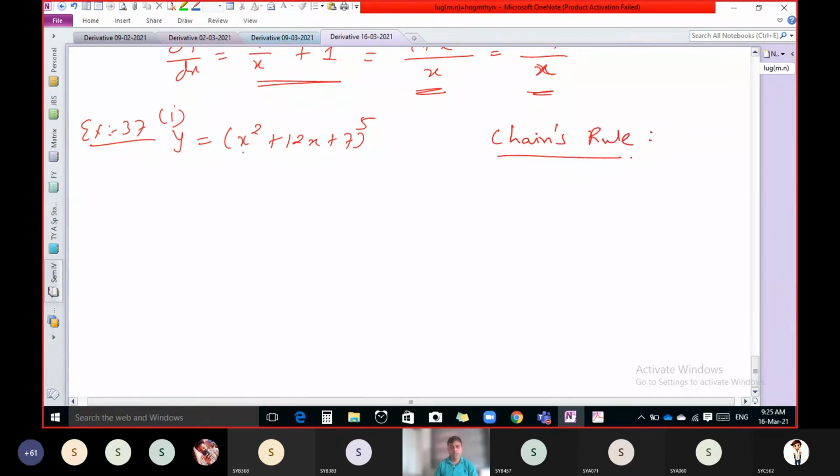You have to consider u equal to x square plus 12x plus 7. Then du by dx is the derivative of this: 2x plus 12.